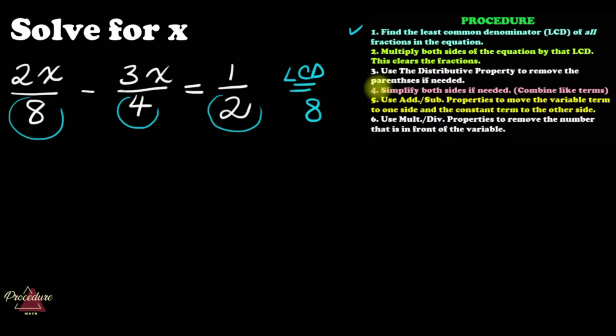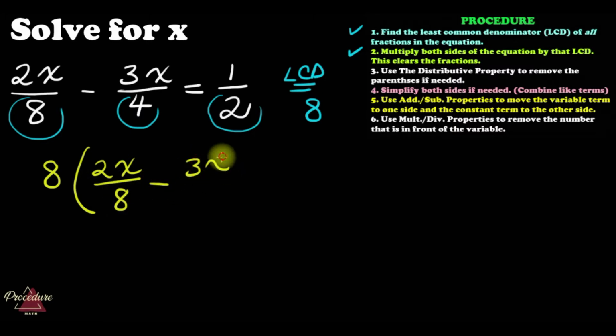Now step 2 is to multiply by the LCD. This will get rid of the fraction. So we're going to multiply everything by the LCD, which is 8. We take 8 and multiply by 2x over 8 minus 3x over 4.